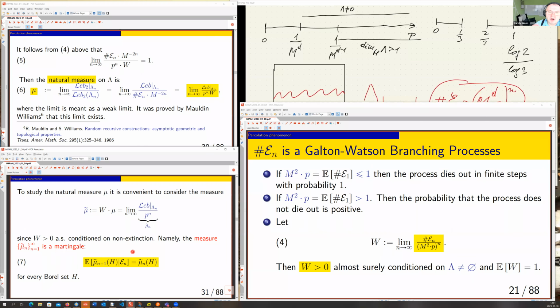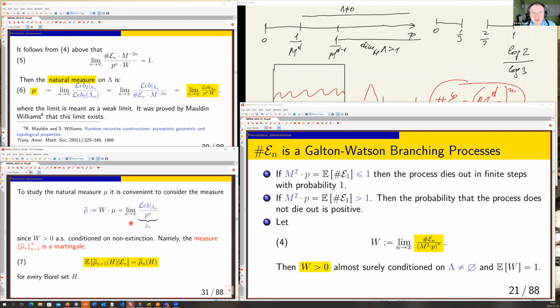And because it's a martingale, that's a very important property. A lot of nice things happen in this homogeneous case, when all the cubes are retained with the same probability. So here we utilize the fact that we have only one retention probability p.